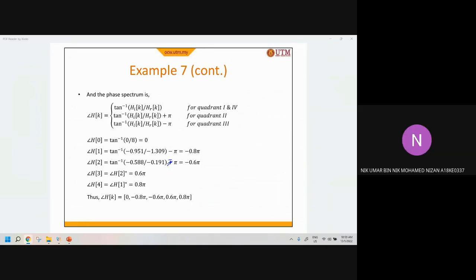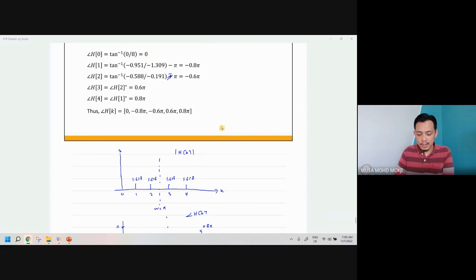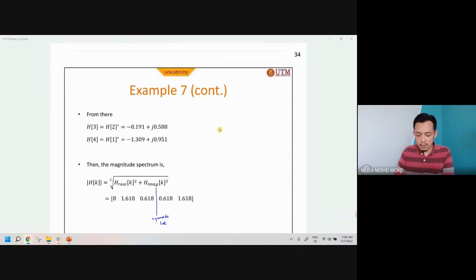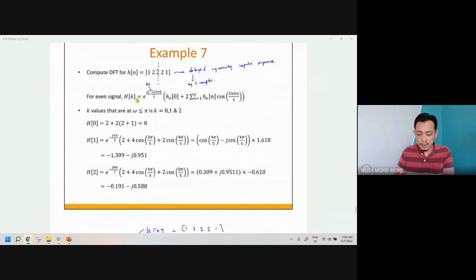The final answer that we want would be the final answer. In this example, of course, actually it's not clear what it needs. So it just says compute DFT.